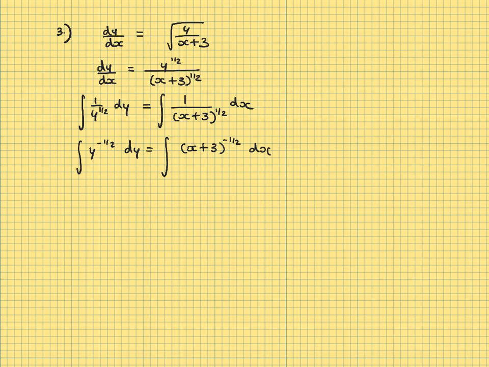The left-hand side, we simply get 2y to the power of a half. The right-hand side, you can use integration by substitution, but it's such a basic result here that it's a linear function, x plus 3 being raised to a power. So raise the power by 1, divide by the new power, which is a half, dividing by a half gives you a factor of 2, and then plus c at the end here.